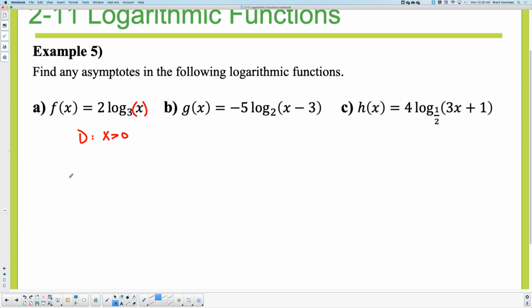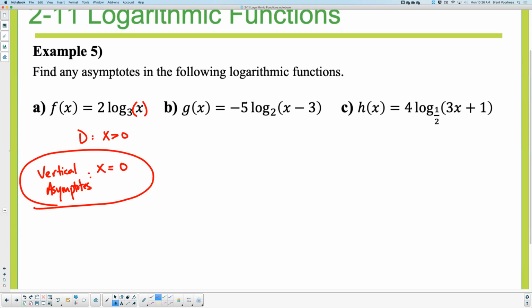So there's no transformations. The asymptote itself will be where it equals 0. So in this case, it would be x equals 0. This would be a vertical asymptote. Logarithms have vertical asymptotes, not horizontal. That would be the asymptote there.